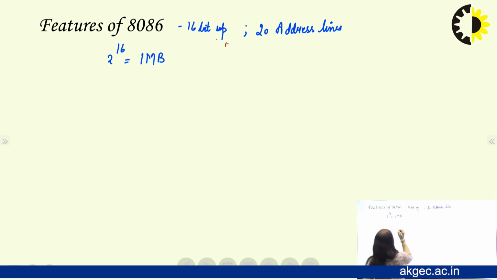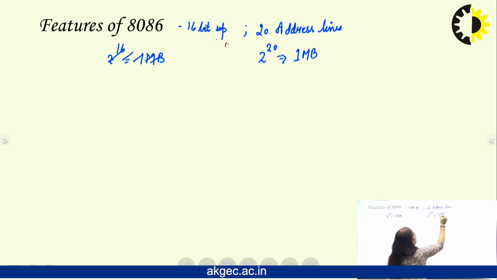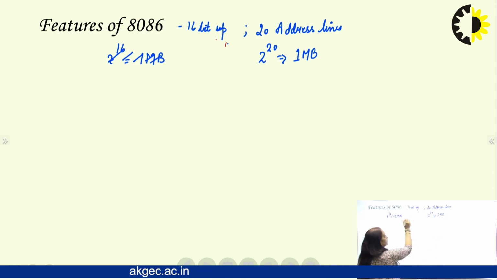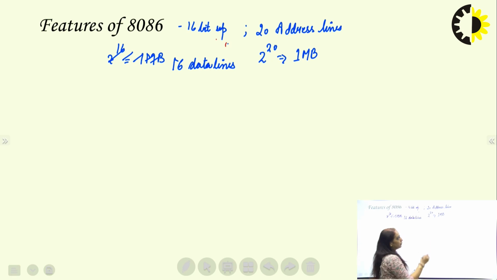With the help of 20 address lines, 2 raised to the power 20, that is 1 megabyte of memory, we can access. And we have a 16-bit microprocessor, which states that we have 16 data lines, right?